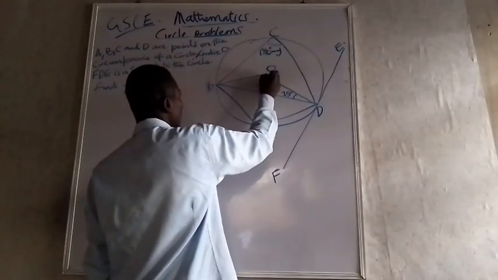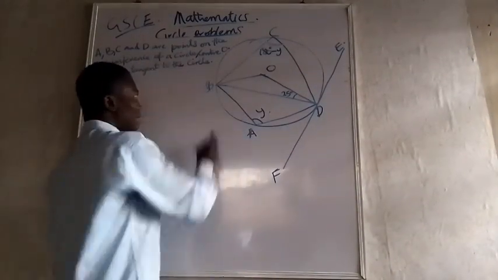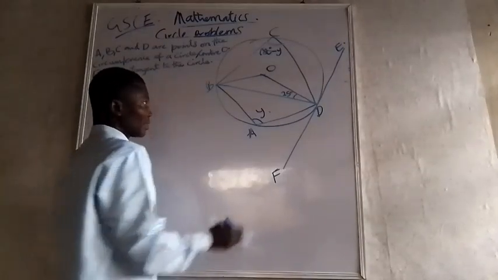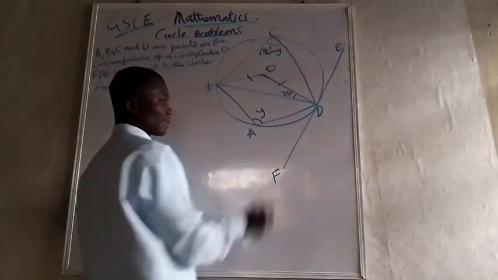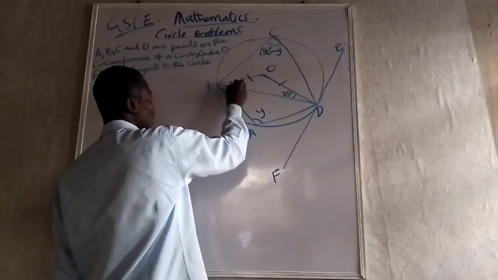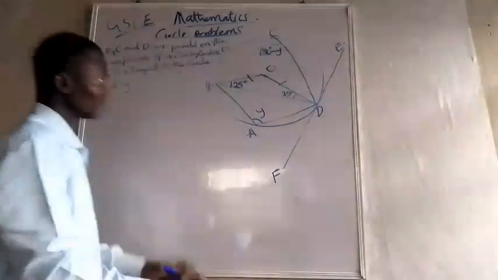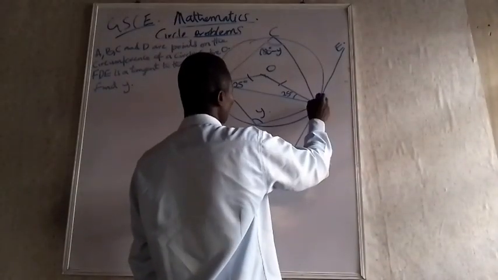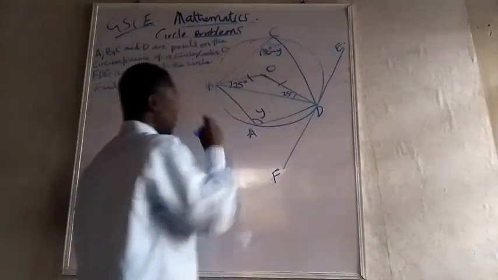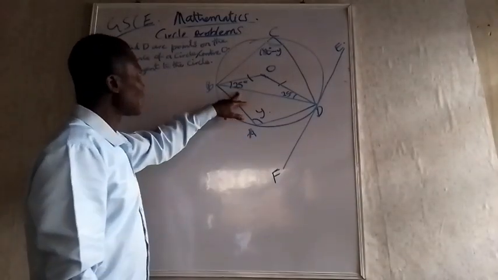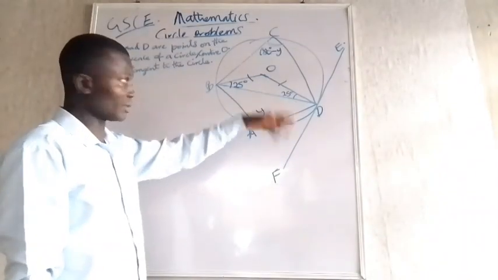Now, I draw another line from the center to the circumference. So, we are going to have an isosceles triangle here, and this place will be 25 degrees. That one is already gotten. Probably you might not need it, but before I go on, 25 plus 25 is 50 degrees.